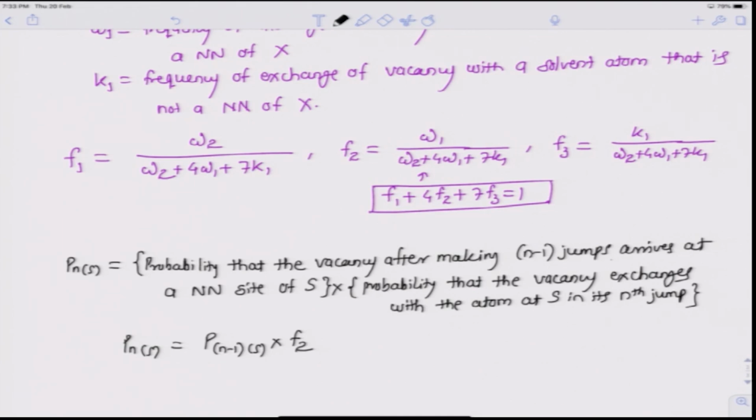So, P(n minus 1) of S is the probability that the vacancy after making n minus 1 jumps arrives at a site S.